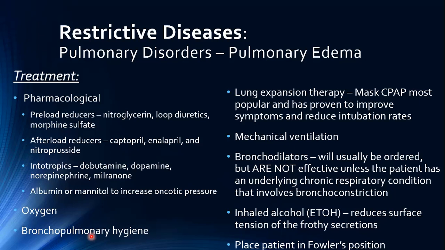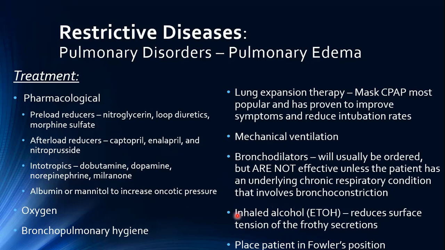They want a breathing treatment for everything, right? We only give bronchodilators when there's wheezing or there's bronchoconstriction. We don't give bronchodilators for coughing. We don't give bronchodilators just because he's short of breath. But if he has bronchoconstriction, then we're going to give a bronchodilator. So we can give it in pulmonary edema issues if they have some constriction along with it, okay?